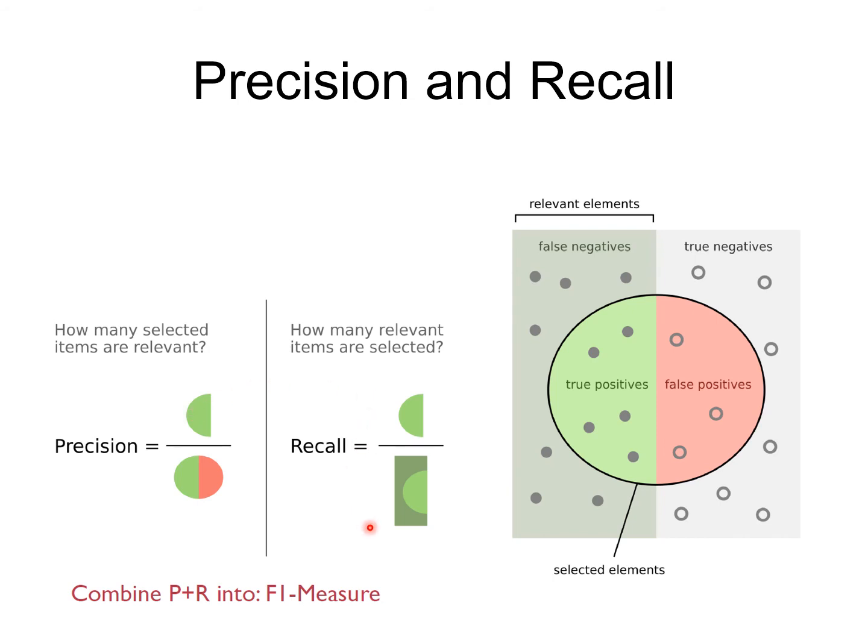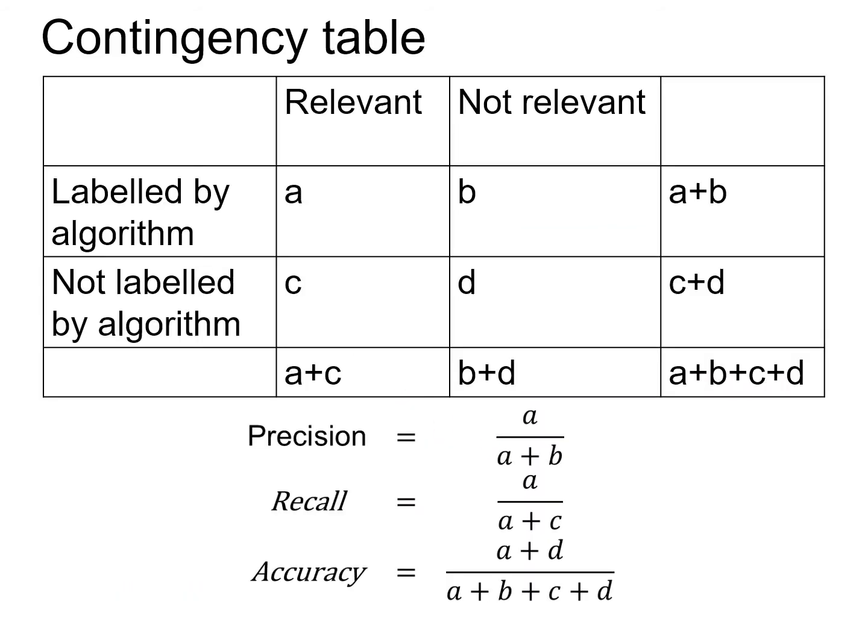And then here's another thing that is called recall. It's: among a set that actually has all the apples in it, how many of them have actually been found by your classifier? So here's the matrix about all those things.